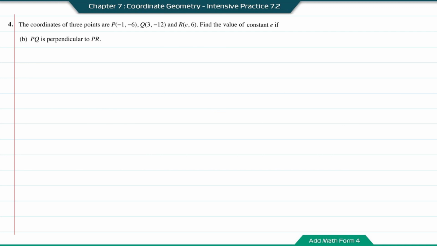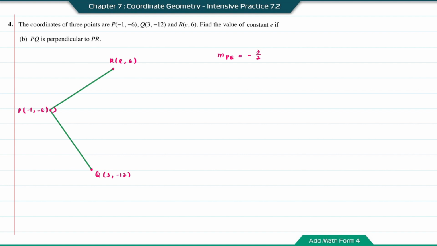For question B, we want to find the value of constant e if PQ is perpendicular to PR. Based on the coordinates, this will be the diagram for the situation in B. In question A, we already found the gradient of PQ, which is negative 3 over 2.